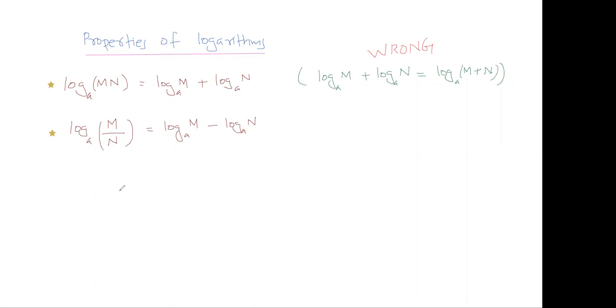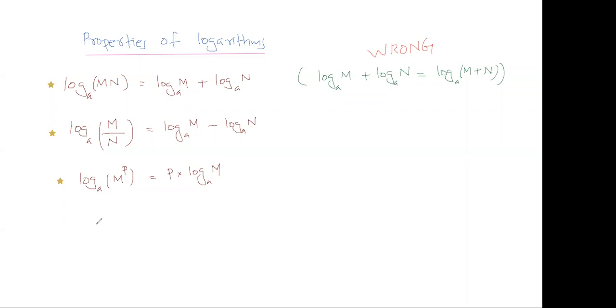And another property: logarithm of a power, m to the power p, is p into the logarithm of the base m. That is another important property. Logarithm of a power is equal to power into logarithm of the base.